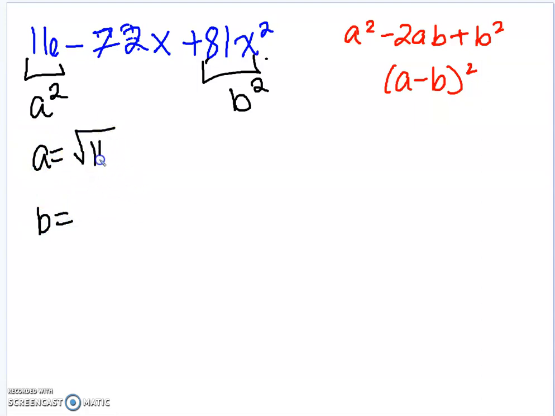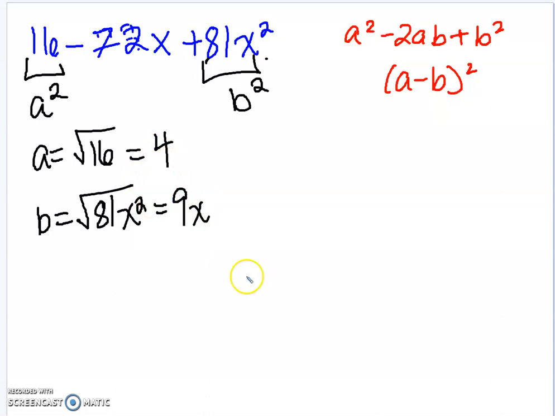So I'll take the square root of 16 and the square root of 81x squared. So a will be 4 and b will be 9x. And then just as a checking point, if I were to ever give you a problem that asked, is this a perfect square trinomial, you can always take the values you just solved for and make sure that if I multiply them by 2 times a times b, I'm going to get what is in the middle of this expression.